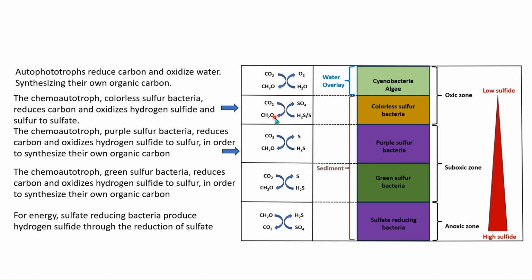And in doing so, they can make glucose. And here is the chemical gradient then. We can see hydrogen sulfide is going to be highest at the very bottom, where lots of reduction of sulfate takes place. And then sulfide is going to be very low at the top, where lots of oxidation of sulfide into sulfate is going to take place.